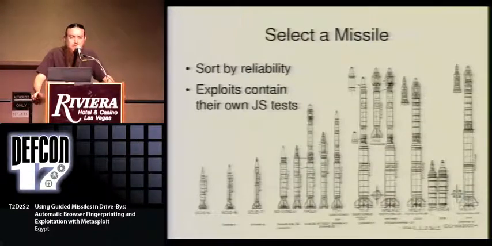So now we've sorted all of this stuff. We figured out that we know what the client is, and we can try to pick out a missile. If you're interested in this sort of thing, this is an array of Iranian and North Korean missiles.